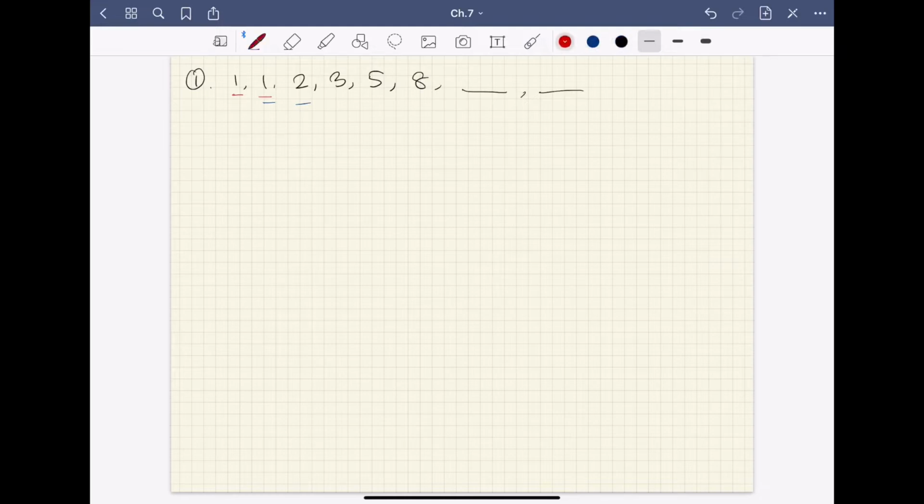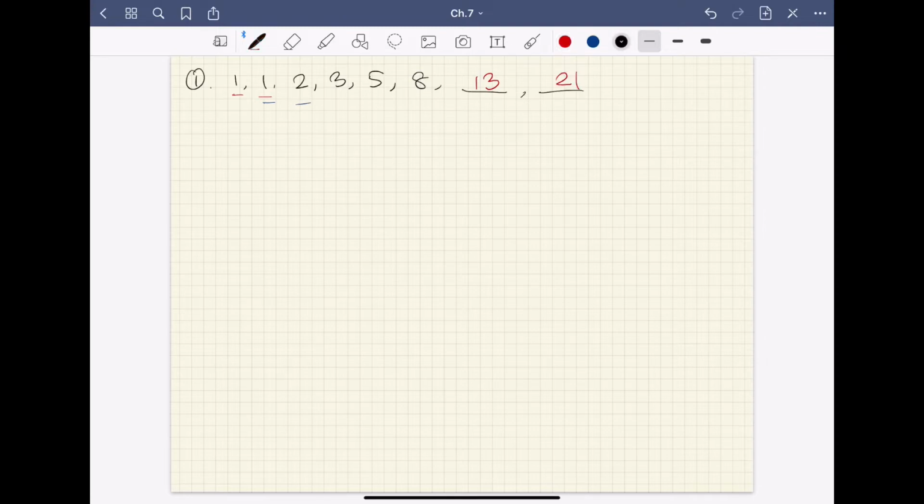The two in front of the blank are 5 and 8, so 5 plus 8 will be 13, and 13 plus 8 will be 21. So our conjecture is that if you add the previous two terms, you get the next term. This is our hypothesis.